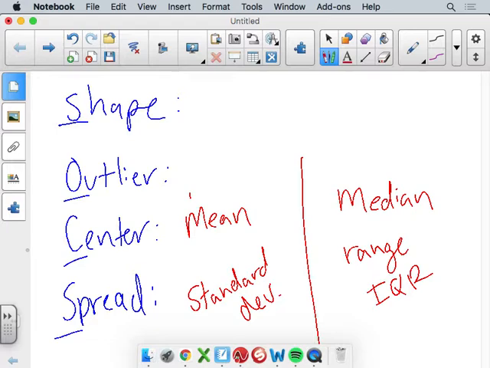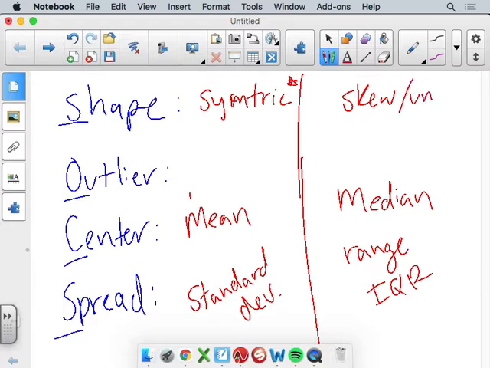So maybe I'll just continue this up here. If the shape is symmetric, there I go. Oh my goodness. All right, whatever. Asterisk there. So symmetric, then you've got skew or uniform.